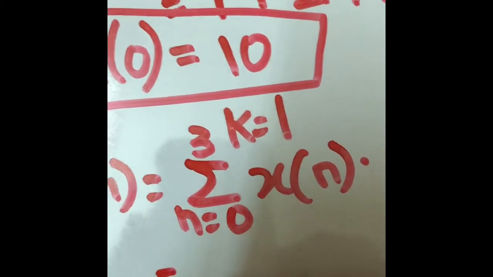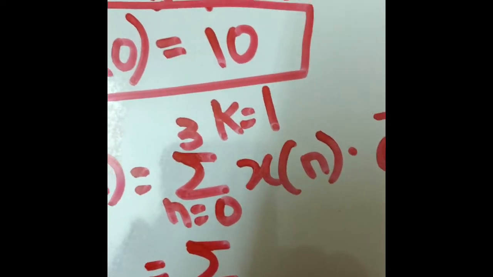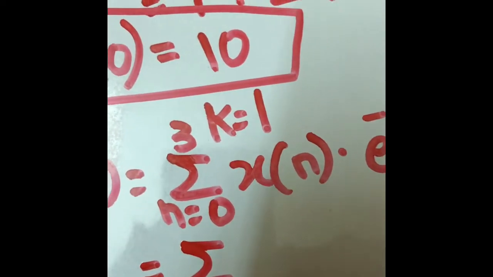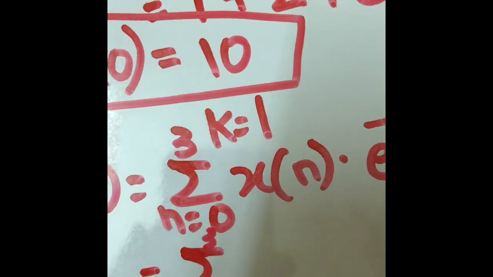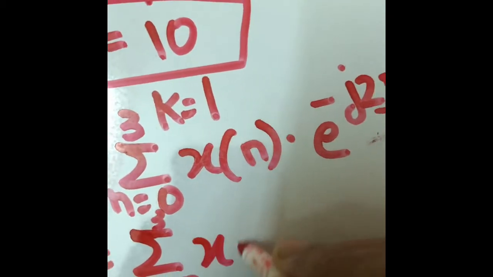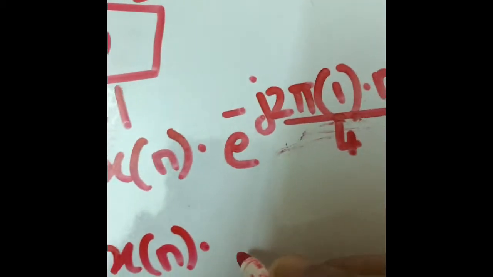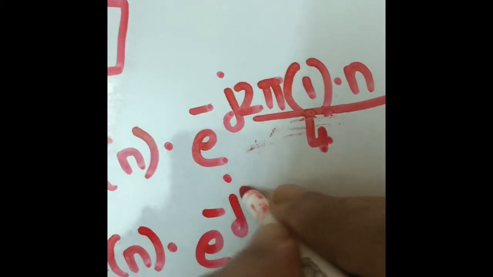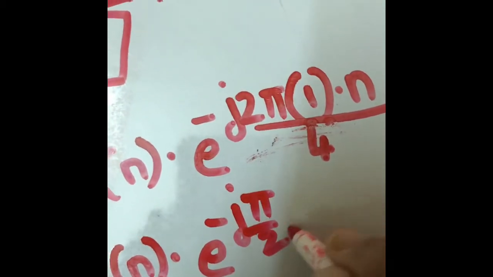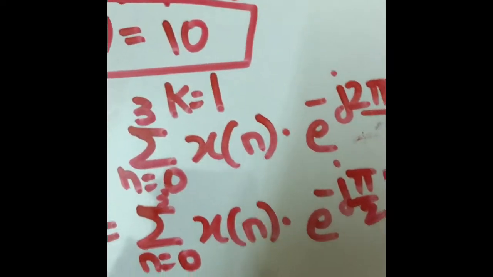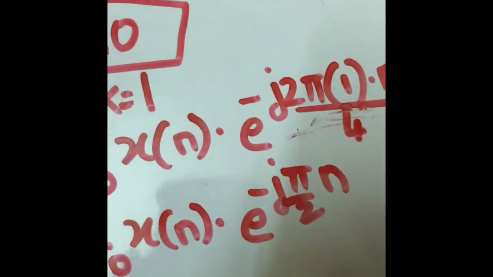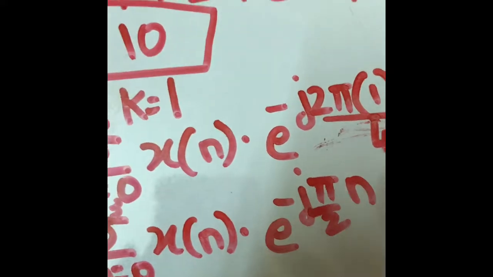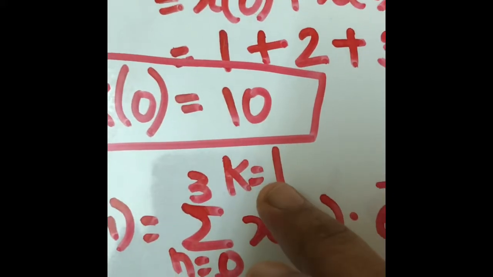So I will just write, n is equal to 0 to 3, x of n into e raised to minus j pi by 2 n. Okay. So now the variable is n. The value of k we have already substituted as 1.